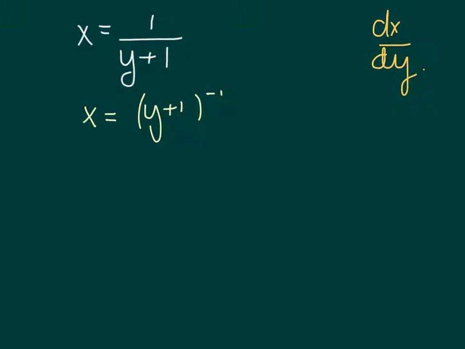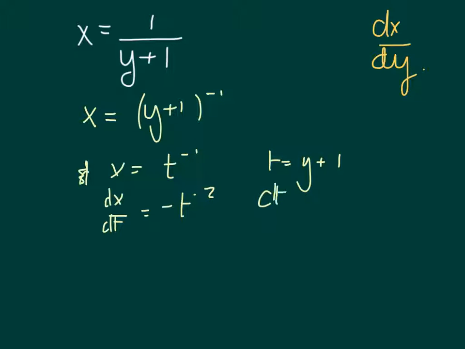Let's do this properly. So this is t to the power of minus 1, where t is y plus 1. Now, dx by dt is minus t to the power of minus 2, and dt by dy is 1.